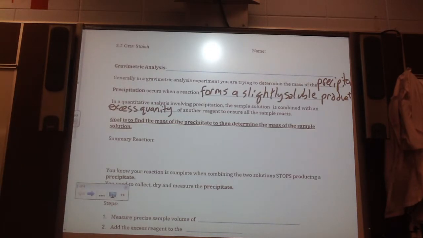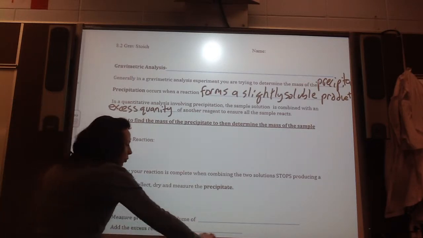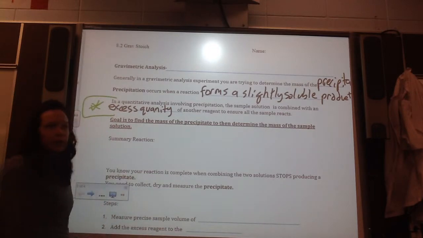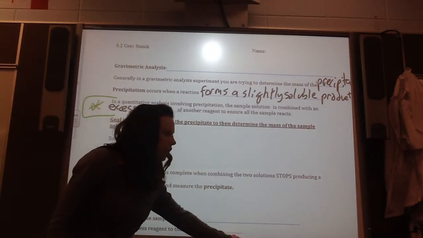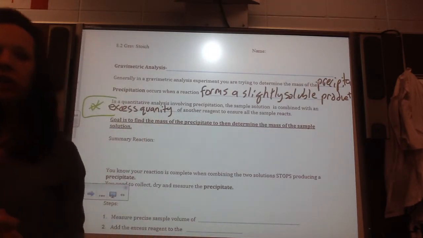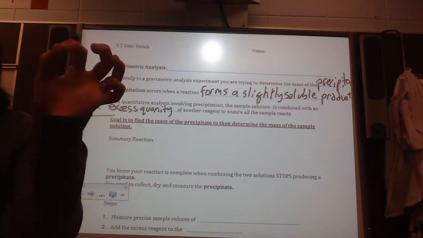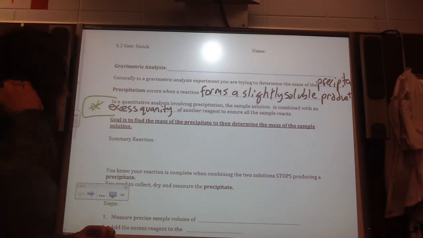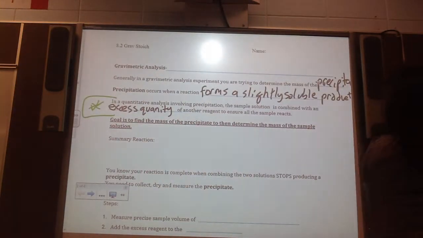This is extremely important that you know and remember. Very important. So, to do this analysis, you take a limited sample, you add an excess of whatever reacts with it, and then you get your precipitate.